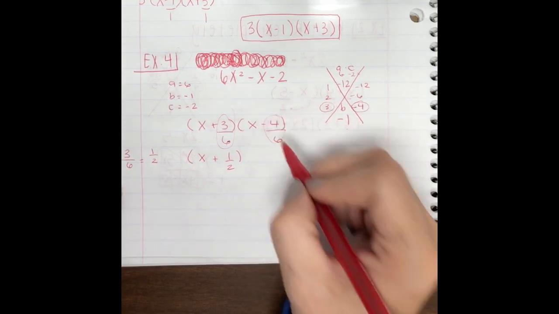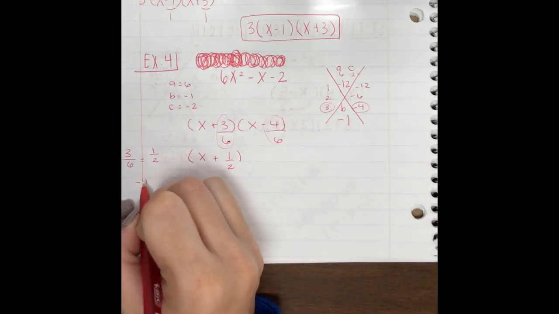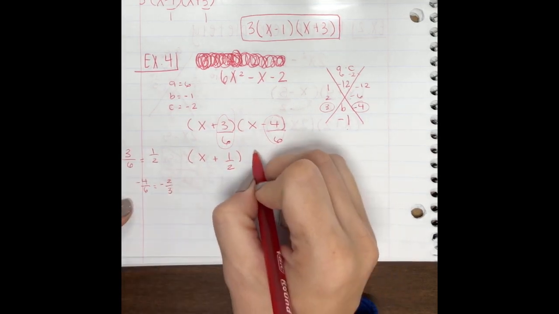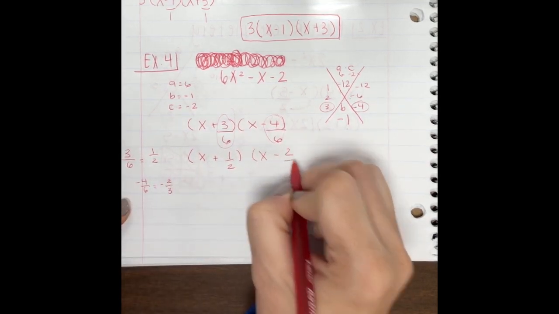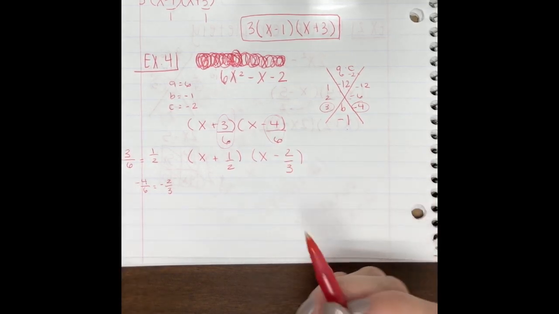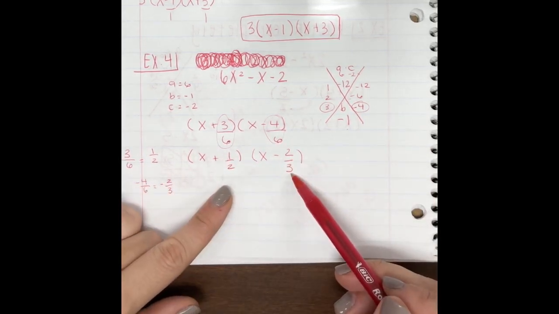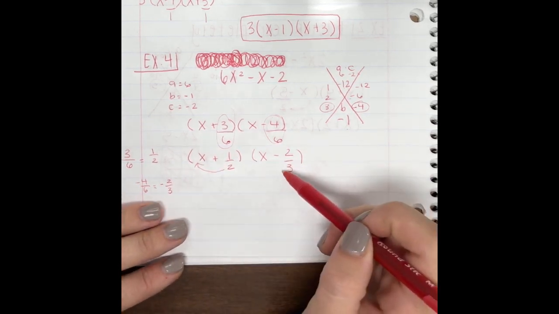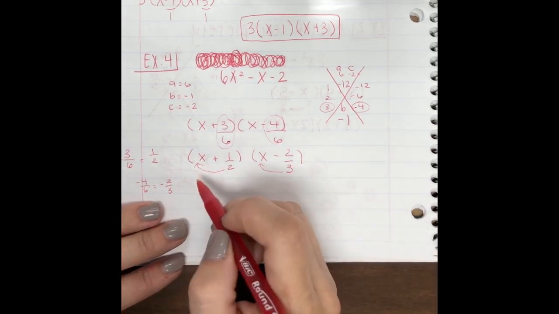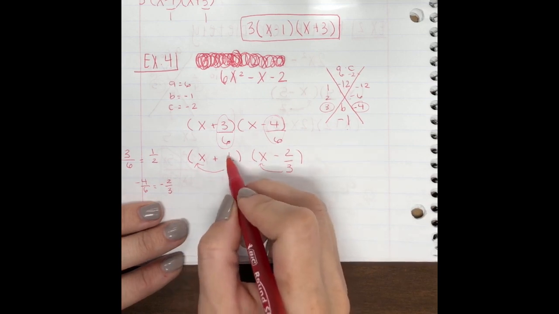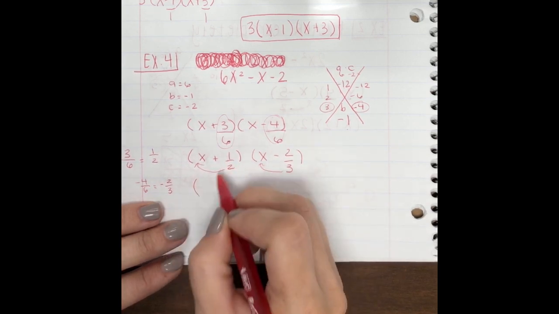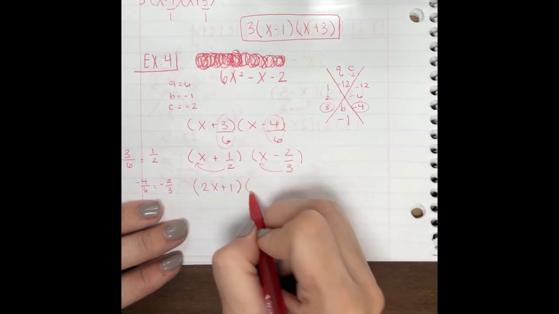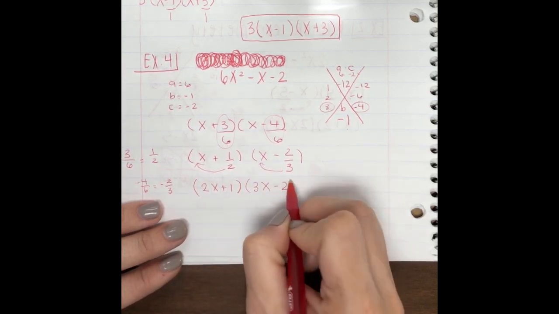And then 4/6, or negative 4/6, simplifies to be a negative 2/3. Okay, so now that we've simplified our fractions, now we can slide it over. Since 1/2, 2 can't divide into 1 and give us a whole number, we're going to say 2x plus 1. And then 3 slides in front to be a 3x minus 2.